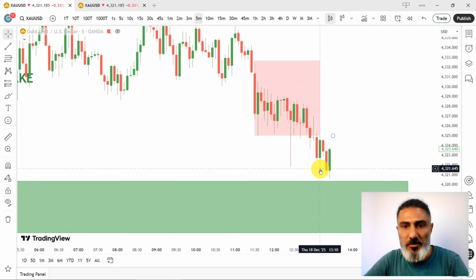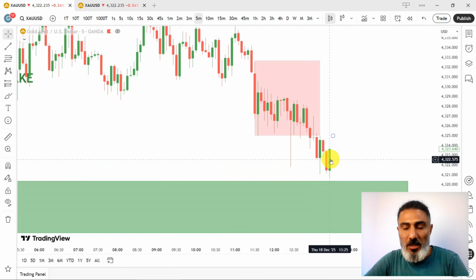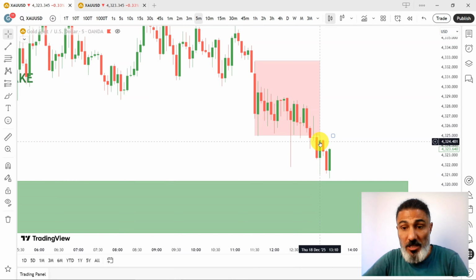How about this? You could enter here, or I prefer this one, because this didn't give us that much data. It had to close inside the zone or above this candle's high.